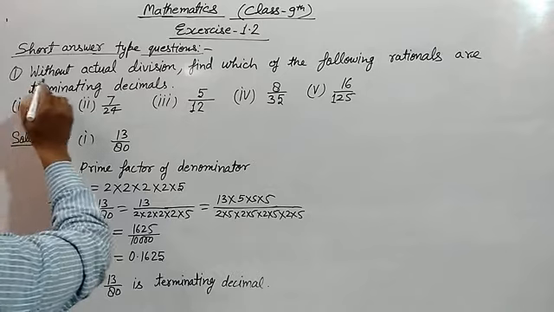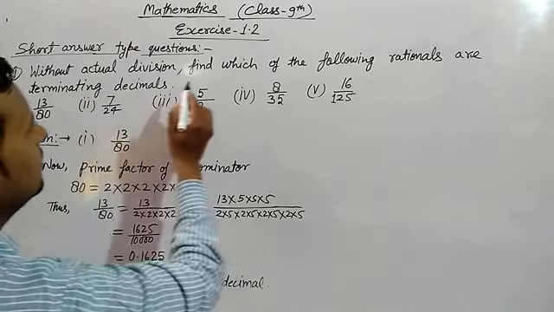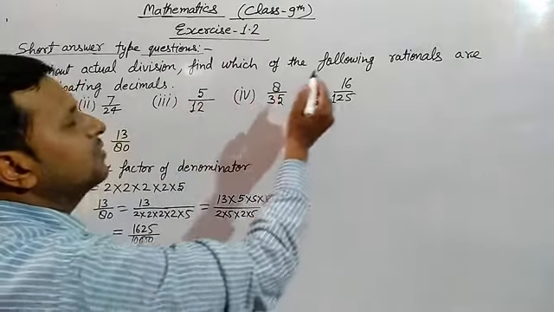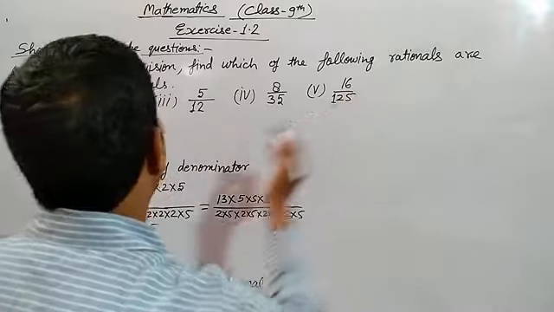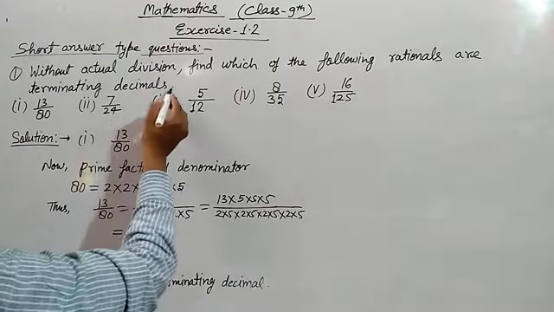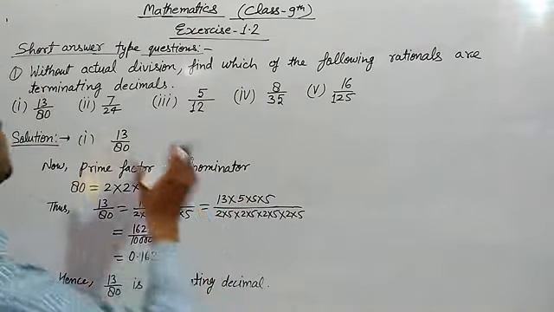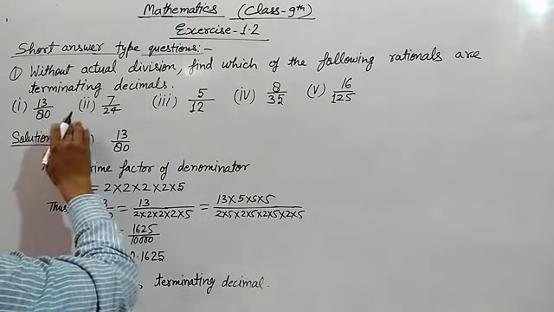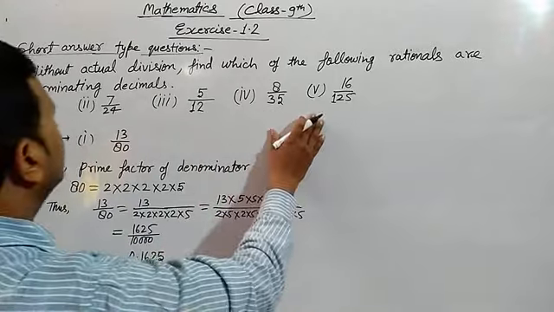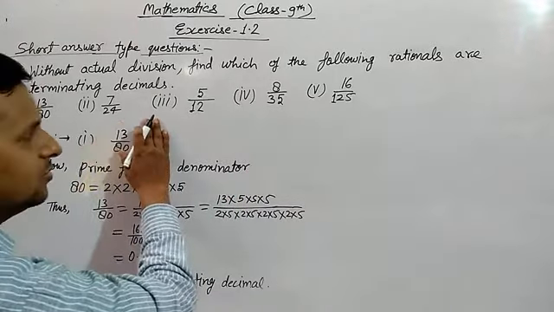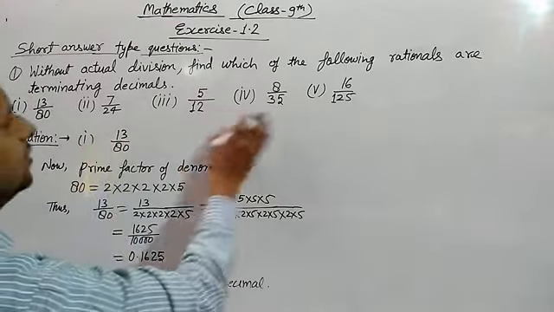Question number 1. Without actual division, find which of the following rationals are terminating decimals. It means we have to tell which of these are terminating decimals. Five parts are given in the question.